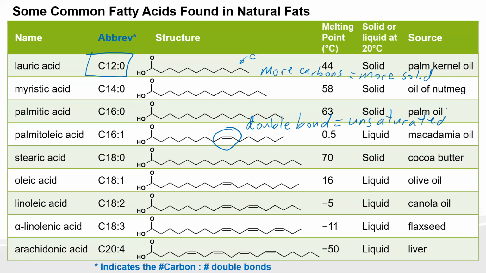And again, that's a chemistry term referring to the number of hydrogens, because the saturated ones have the maximum amount of hydrogens that can be put into that chemical structure. Things with double bonds have fewer hydrogens, so therefore they're unsaturated. And so the bigger trend is this: the more double bonds equals more liquidy, say.